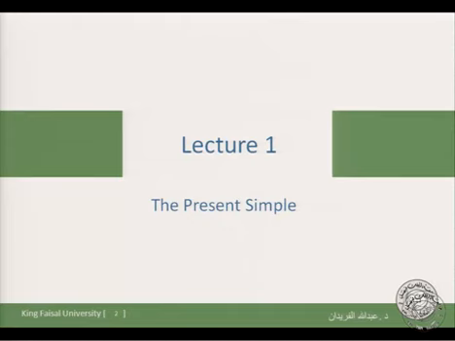In Arabic we have المضارع الماضي, but we don't have المستقبل. Correct me if I am mistaken. But دائما we have الفعل الماضي الفعل المضارع. So the present simple is الفعل المضارع.